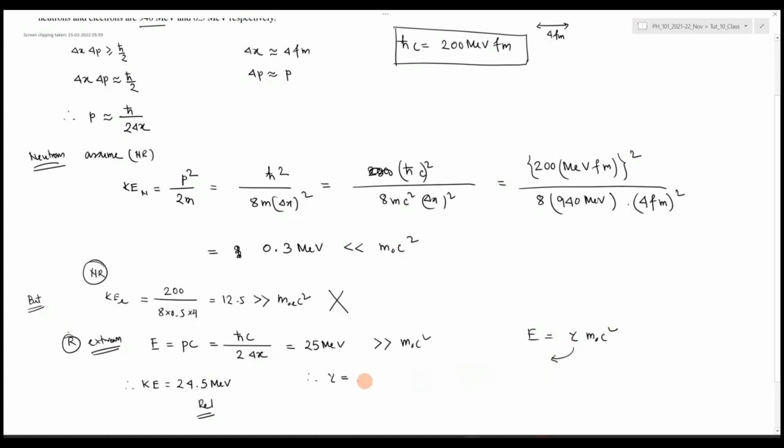From here you find gamma, and from here you find beta. It will approximately go to c. The velocity will approximately go to c. Now that means if your electron is inside the nucleus, the velocity of the electron should be close to c, which is not that possible. That's why it is outside.